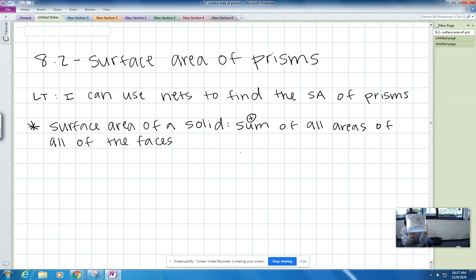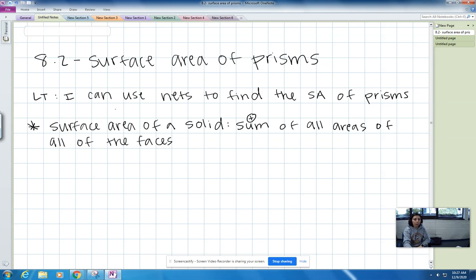So, for example, let's say I have my trusty cube here. The surface area of this cube is if I find the area of all of the faces of all these different squares and I add it all up. That is surface area. It's the area of the whole surface, all the shapes that make up the whole surface.